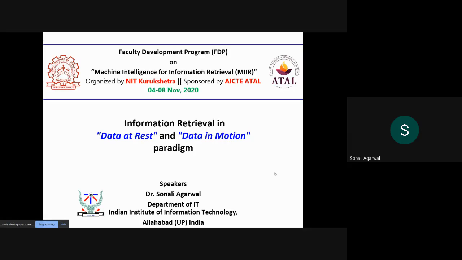So, today my contribution is towards information retrieval in the data at rest and data in motion paradigm. My prime research area is data analytics, big data analytics. I'm here going to promote this big data analytics environment as the most suitable environment for information retrieval.